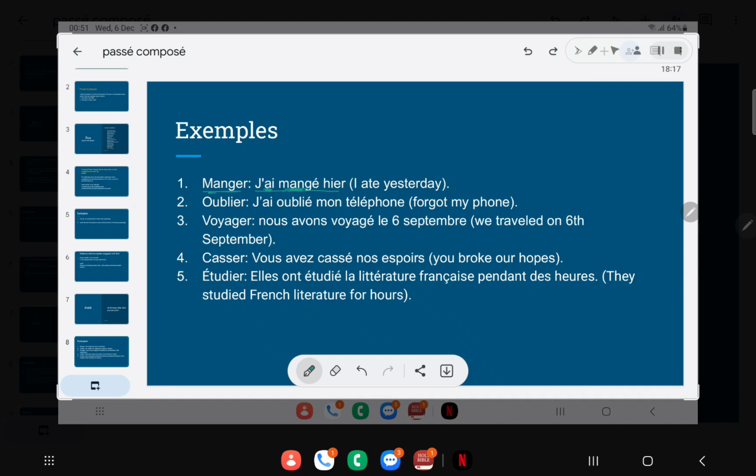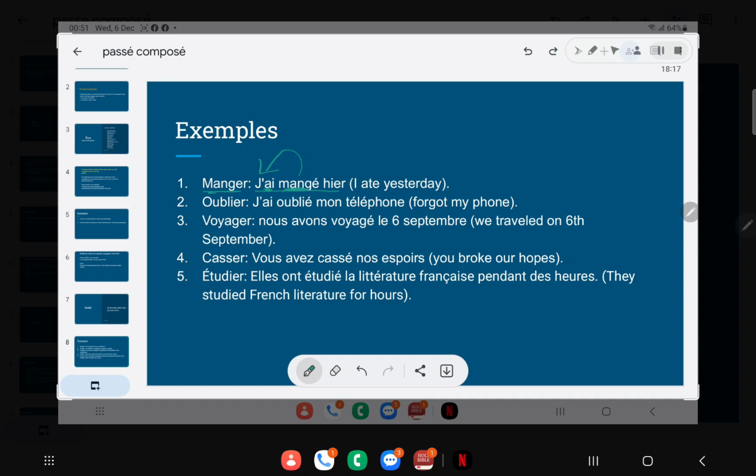The difference with avoir is that the participe passé form, the past participle, does not agree with the subject of the sentence. It remains the same. I prefer past participle verbs with avoir because I don't have to fuss about whether the subject is female or masculine or the number of the subject.